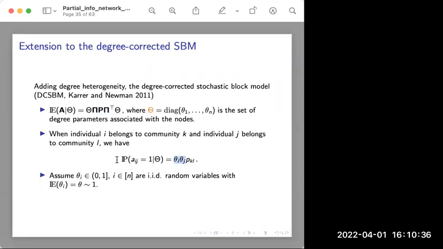To get the edge probability between individual i and individual j, provided I know the degree parameters, the edge probability becomes theta_i times theta_j times the original connectivity probability as determined by the community membership. For ease of modeling, we also assume a general prior distribution on theta_i, and we assume that theta_i is generated i.i.d. from some distribution with expected value behaving like a constant.